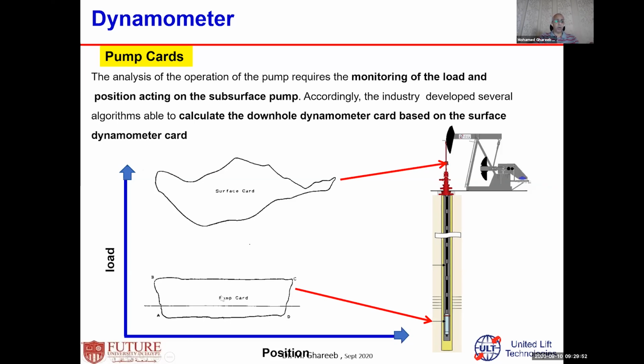Then the downhole card is a measurement of the fluid load at the top of the pump, or just not a measurement, it's a calculated fluid load at the top of the pump against the position.